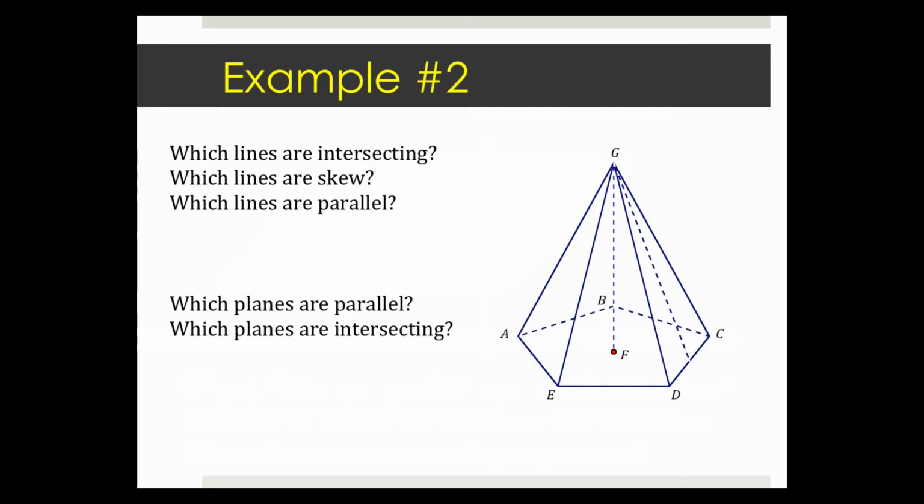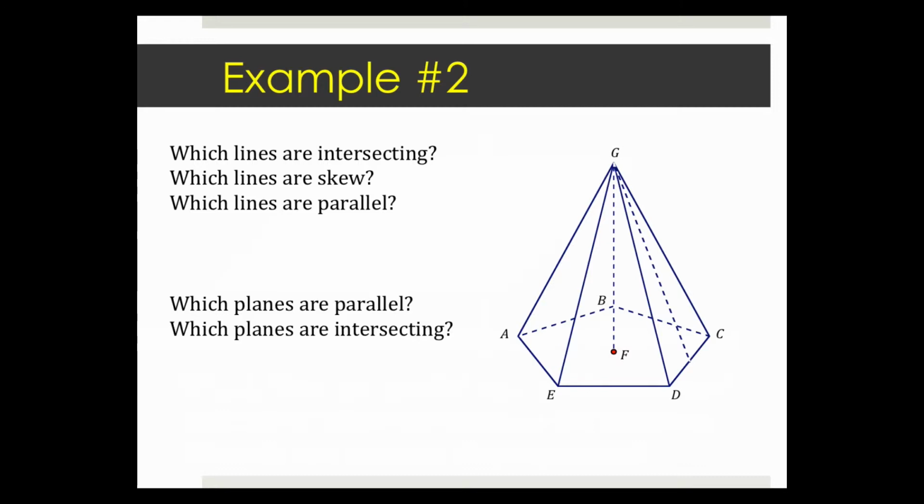How about some planes? How many planes in that picture? 6. Grace? 6. Good. Which 2 of those are intersecting, Grace? A little practice on naming planes. AEG and GED.